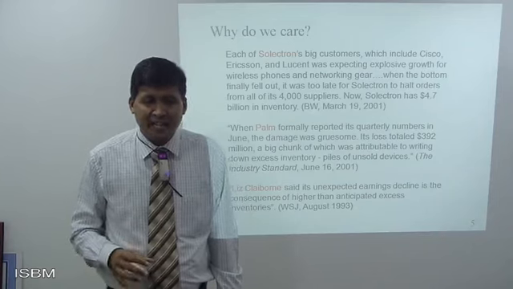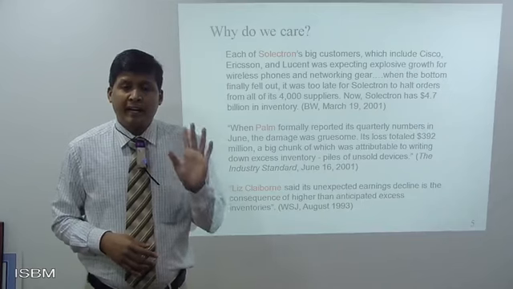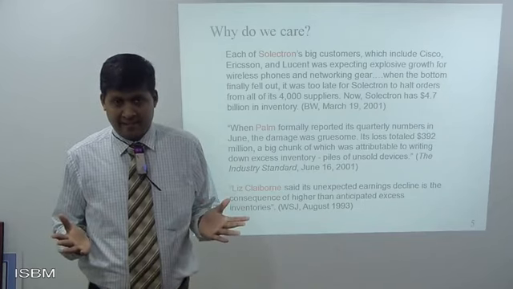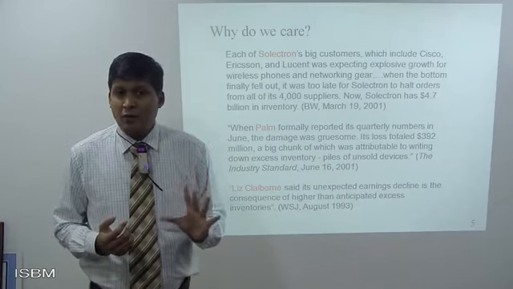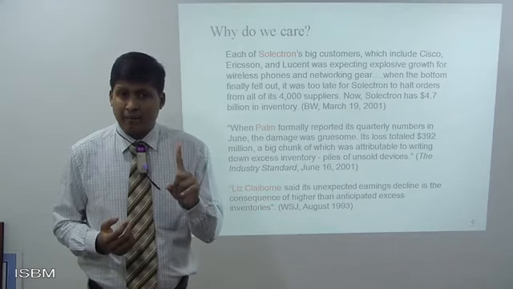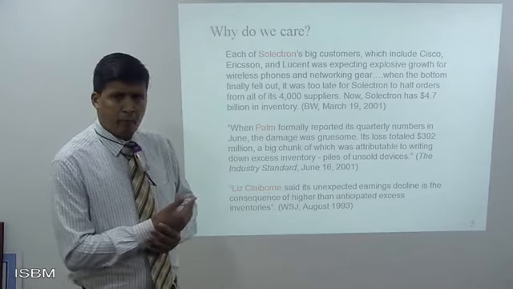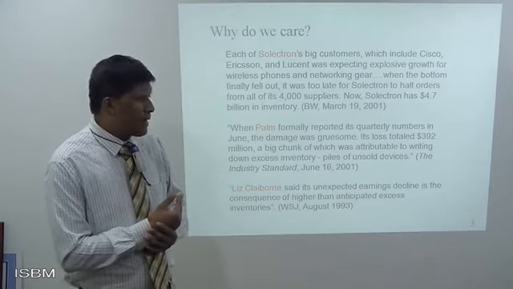Let me tell you, in the Indian context, anything above a $1 billion company is considered to be a big company. Close to a $5 billion inventory with one company. Is that huge? Yes. So when Palm formally reported quarterly numbers in June, the damage was gruesome.